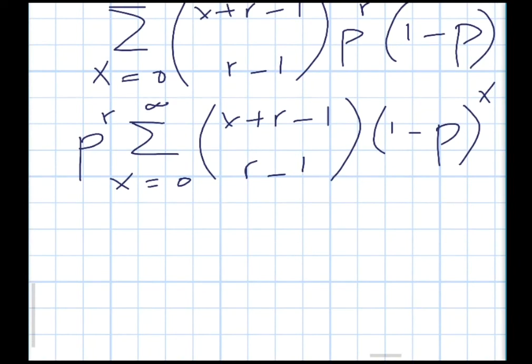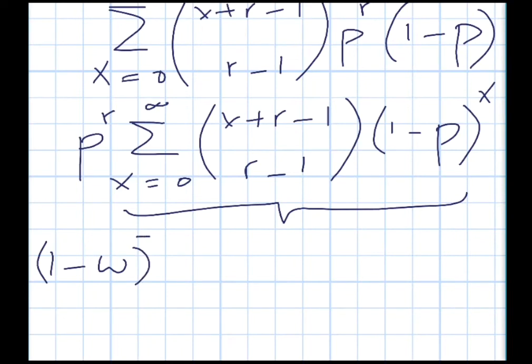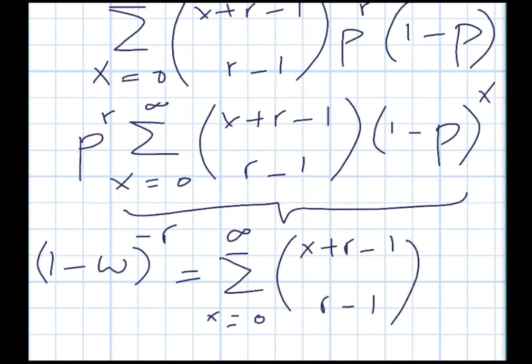Now earlier we talked about the power of a geometric series, and we saw that 1 minus w to the minus r was equal to the sum over x from 0 to infinity of x plus r minus 1 choose r minus 1, w to the x.